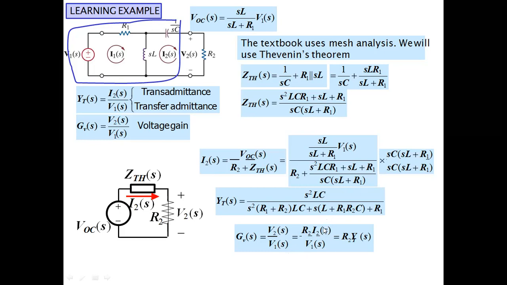But we know I2 of S upon V1 of S is nothing but YT of S. So you can write the voltage gain in the form of trans admittance into R2, because I2 of S upon V1 of S is nothing but YT of S, which we have just solved. So we can write R2 into YT of S, and if the values are given here, you will get all these values and you will get the equations for YT of S and the voltage gain.